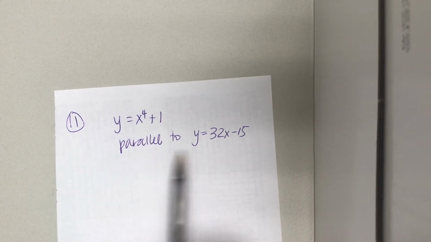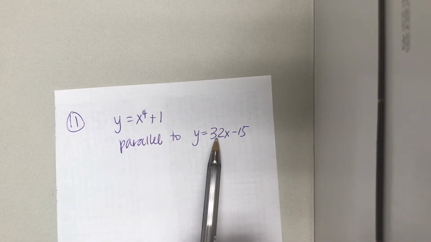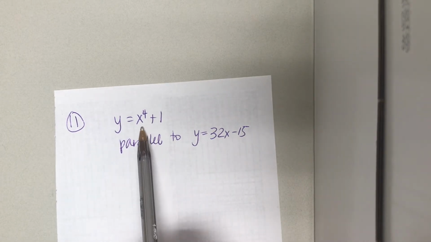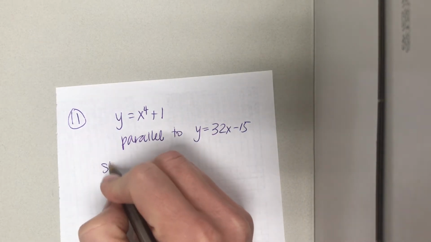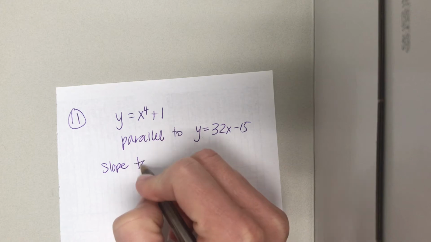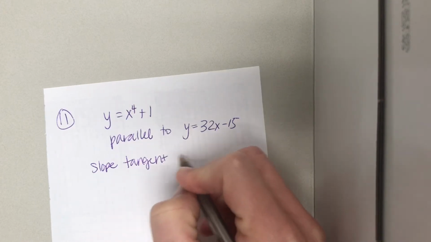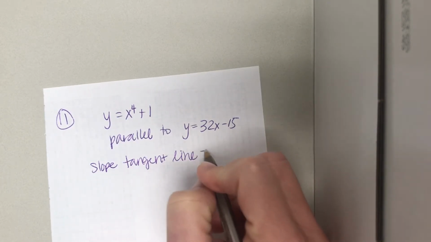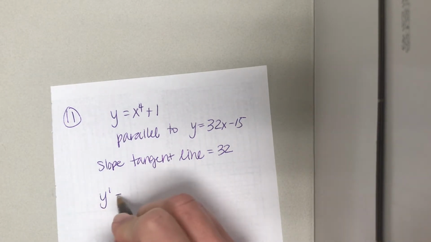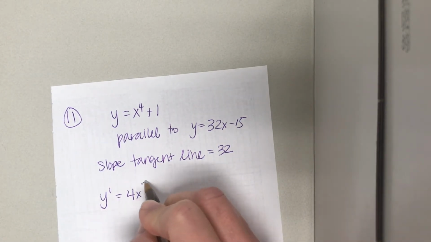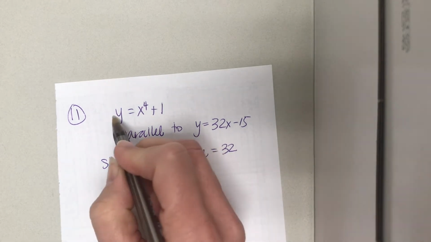If you remember, parallel lines have the same slope. So basically, we want to know when the slope of the tangent line is equal to 32. First, let's find the derivative. 4x to the 3rd will be our derivative.